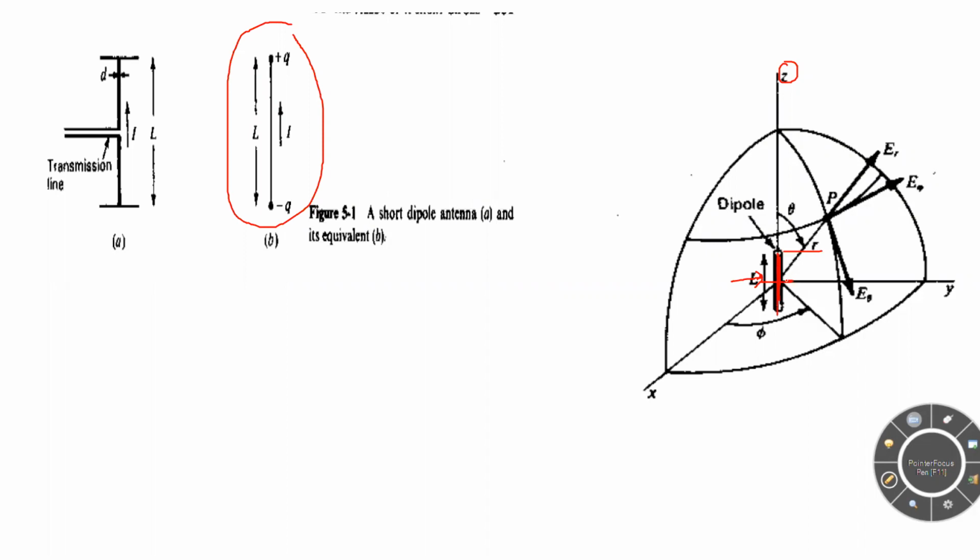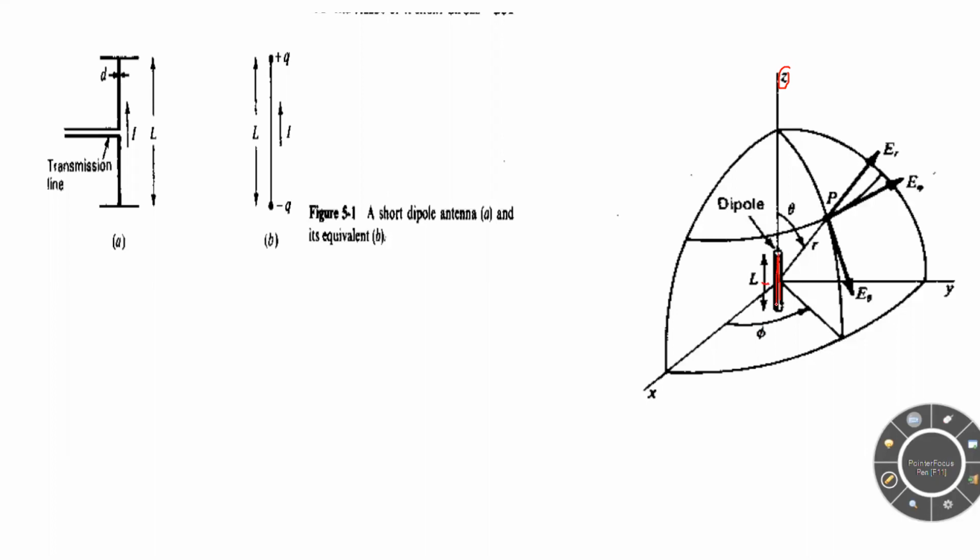If I measure the distance from this to this, it will be half of the length, that is L by 2, and this one also will be L by 2. So this origin will be the reference point for us.